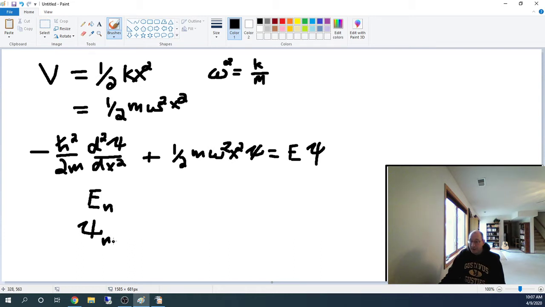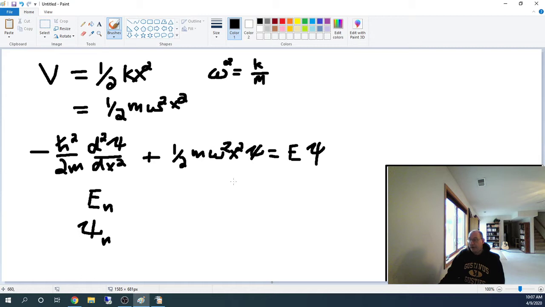Psi sub 2 would involve a polynomial of second order, some constant times x squared plus a constant, and it turns out it's only the even powers. All of these polynomials get multiplied times the Gaussian function, e to the minus x squared, with some constants in there as well.